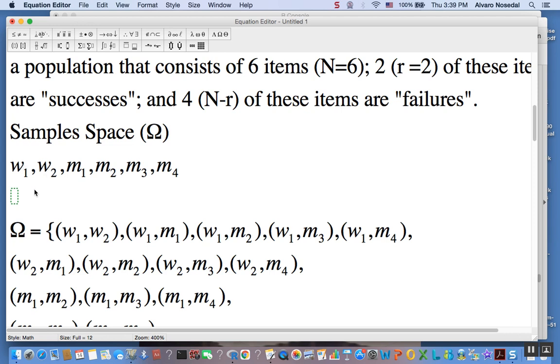But once you choose one of them, for the second drawing, your probability of success is not the same. It becomes 1 over 5, right? Because you keep this one here. So you're not doing the sampling with replacement. You're doing sampling without replacement.